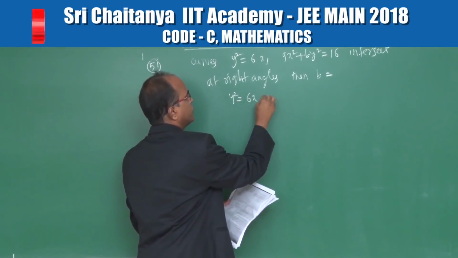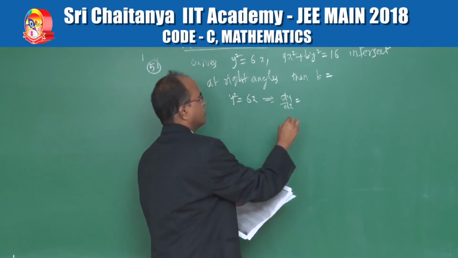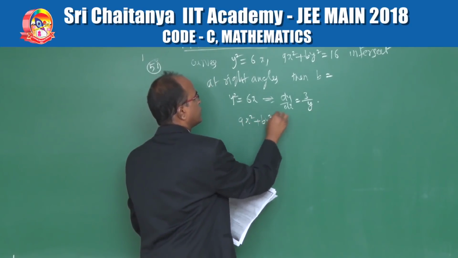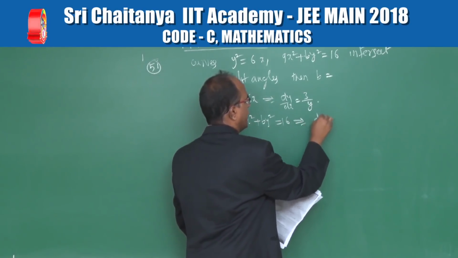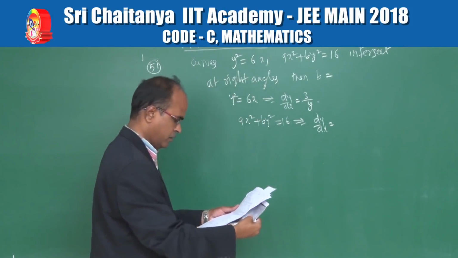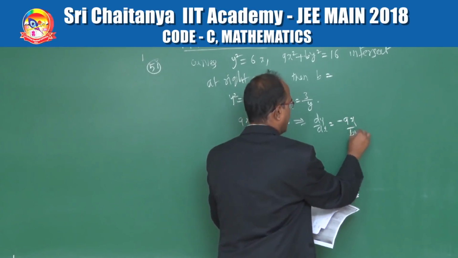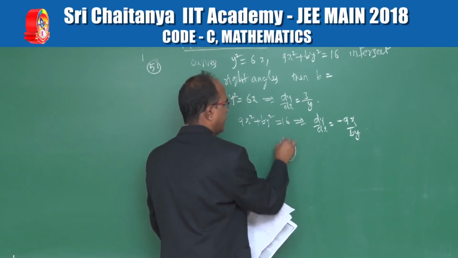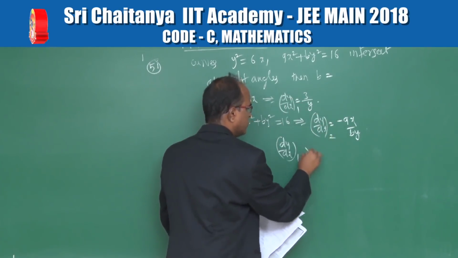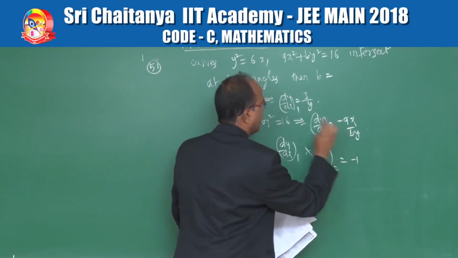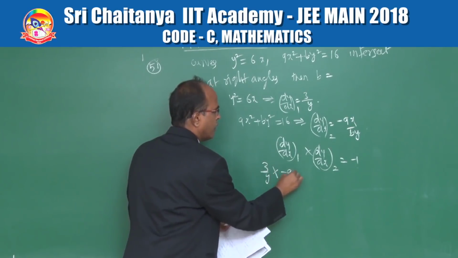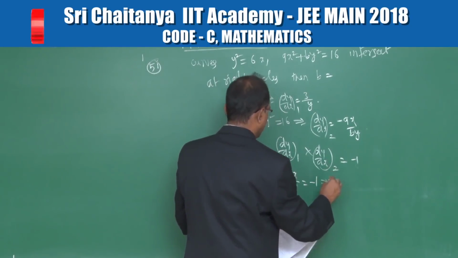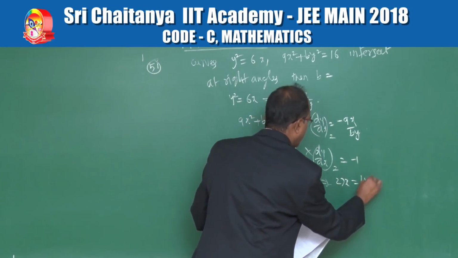Therefore, for y square is equal to 6x, we write dy by dx, so it is given by 3 by y, and for the curve 9x square plus by square is equal to 16, we write dy by dx given by minus 9x by by, and at the point where they meet, the product of dy by dx for the first curve, for the second curve it must be -1, so therefore we get 3 by y into minus 9x by by must be equal to -1, giving you 27x is equal to by square.